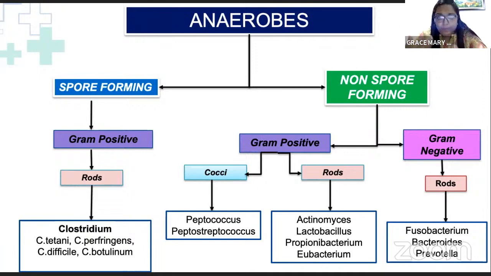In cocci, it is the Peptococcus and Peptostreptococcus, which are usually in the oral cavity. And in the bacilli, you have Actinomyces, Lactobacillus, Propionibacterium, and Eubacterium. What I have shown in this slide are the usual ones that we are concerned about.